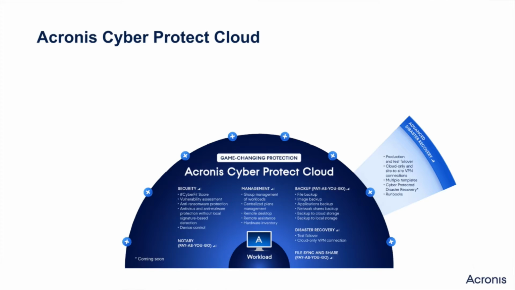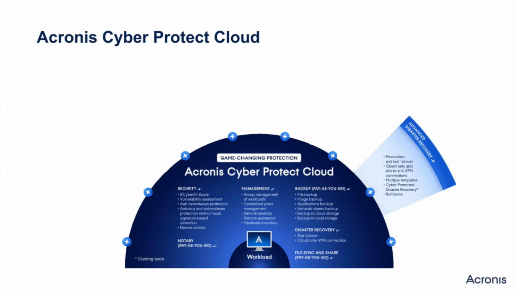The next one is probably my favorite, the disaster recovery platform, because I think there's a lot of utility here. What this does is it allows you to offer disaster recovery to your customers, right? What we do is we create a disaster recovery platform for you, where you can simply turn on that functionality for a machine that you are backing up to the cloud.